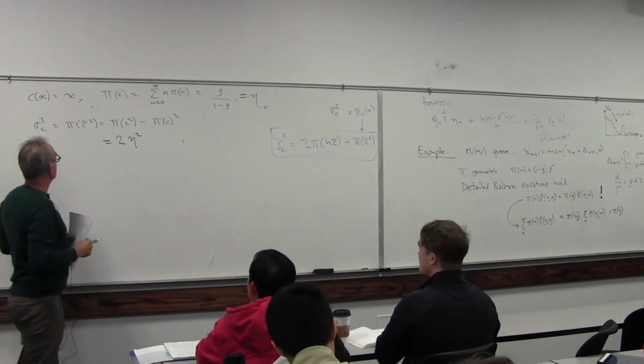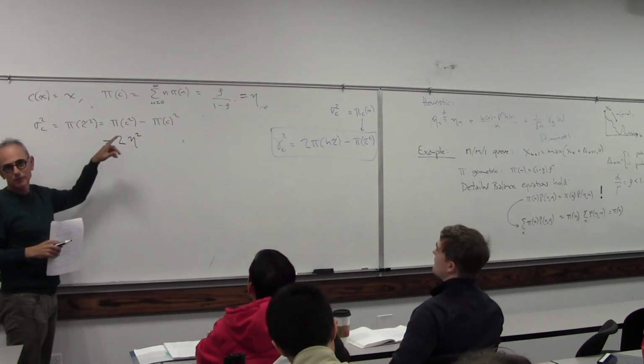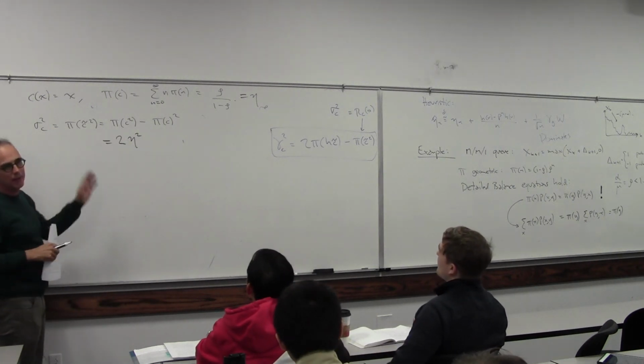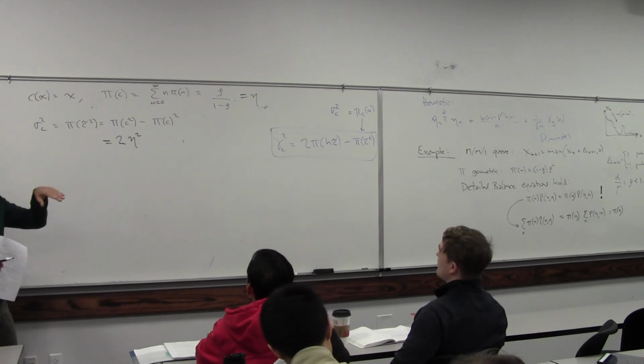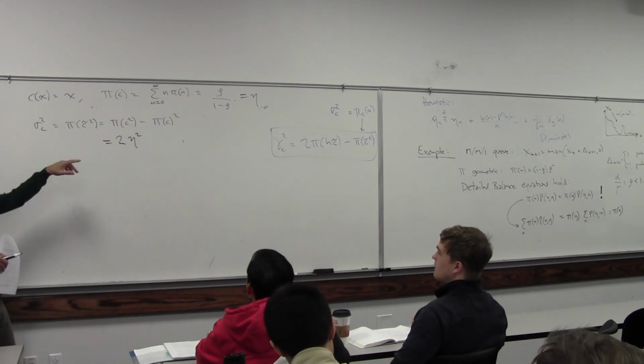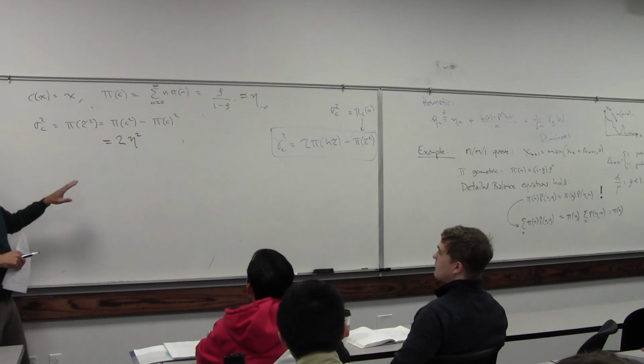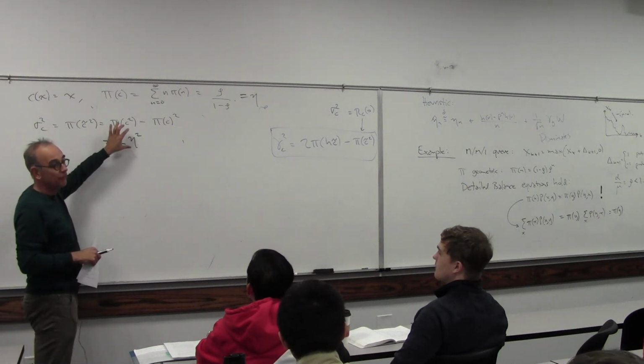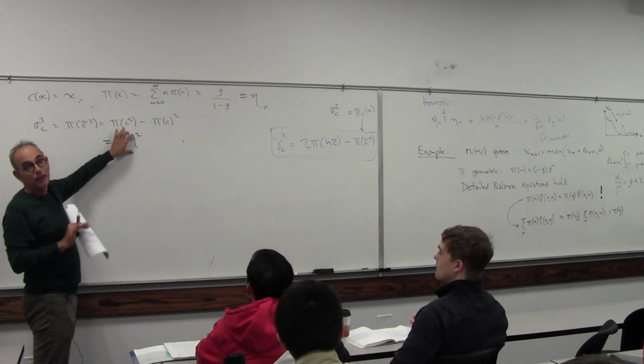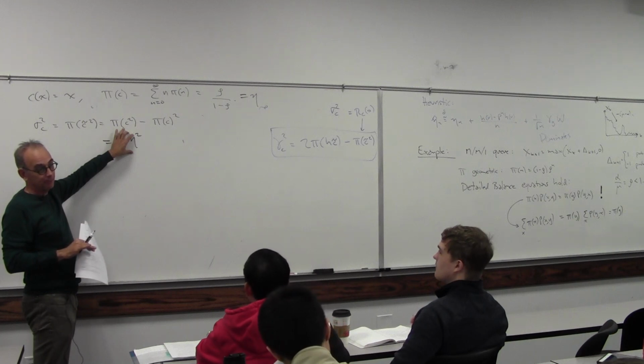Okay, so the variance is approximately twice, and maybe that's wrong. Maybe it's 3 times. Maybe there's no 2. What I'm trying to make a point of is the variance is of order eta squared, the mean squared.